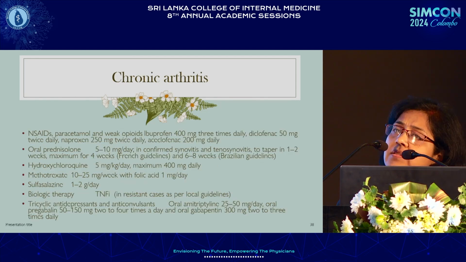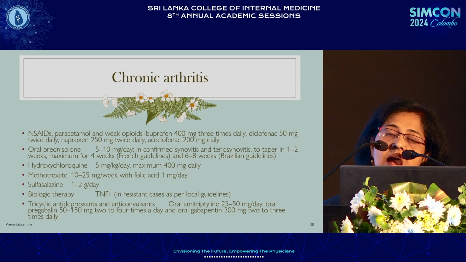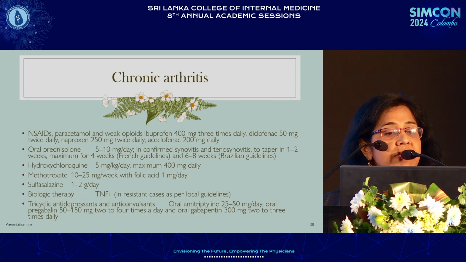Now, chronic arthritis, where the patient is having arthritis beyond 3 months and your analgesics are not giving so much relief, in that case, the treatments have been carried out by various trials, and the treatments actually resemble the therapy usually given to rheumatoid patients.